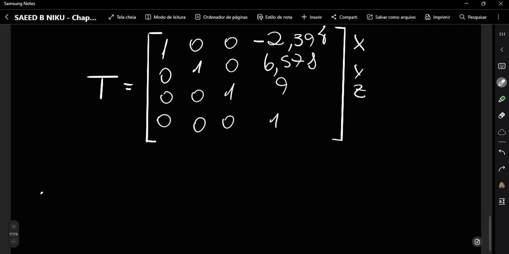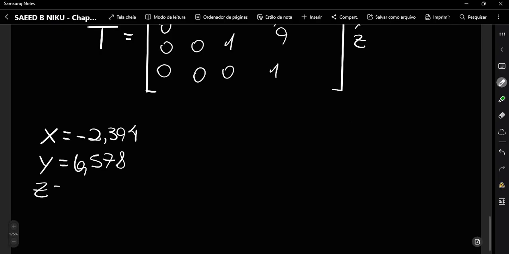So if we extract these elements and think in the form of coordinates, I will go to the image where we can understand better what I'm saying.